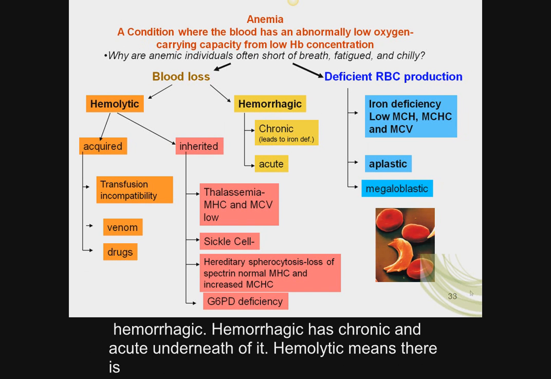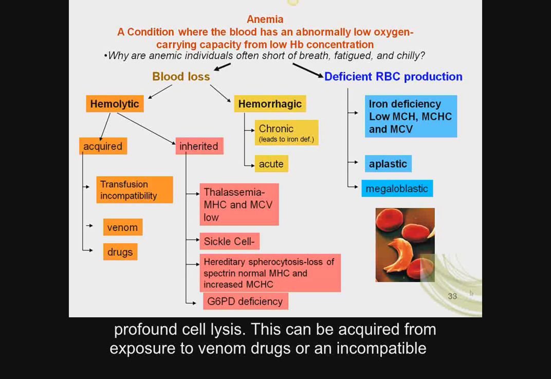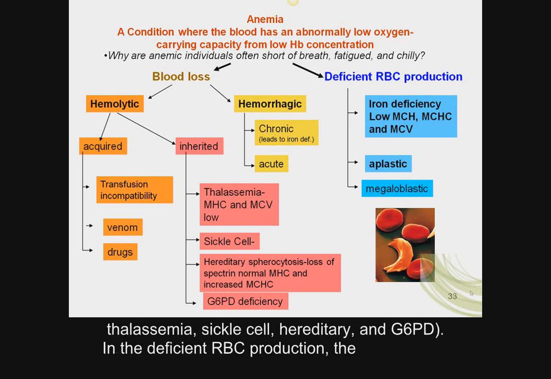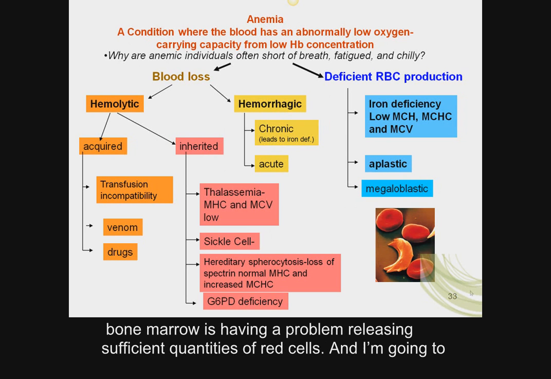This can be acquired from exposure to venom, drugs, or an incompatible blood transfusion. Or this can be an inherited disorder that leads to rapid blood cell loss, like thalassemia, sickle cell disease, hereditary spherocytosis, and G6PD. In the deficient red blood cell production, the bone marrow is having a problem releasing sufficient quantities of red blood cells.